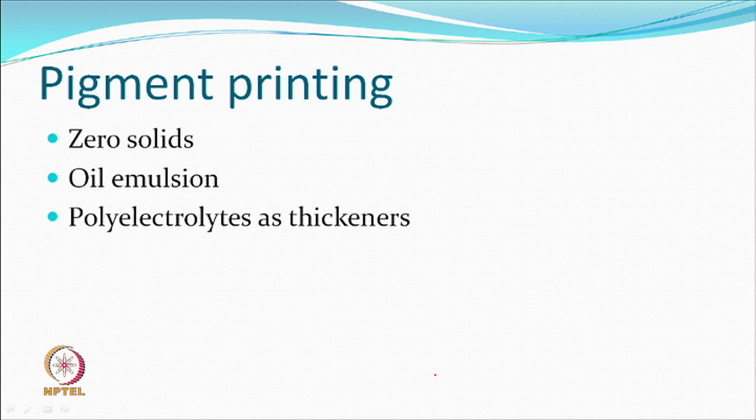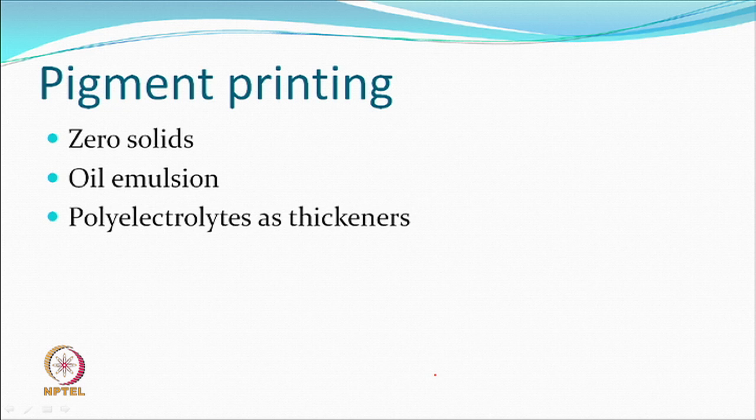And so, if there is a zero solid, that means during curing itself everything evaporates, nothing is left behind. Then the film is more transparent and the print would appear brighter.